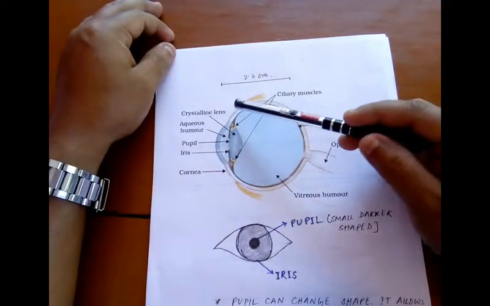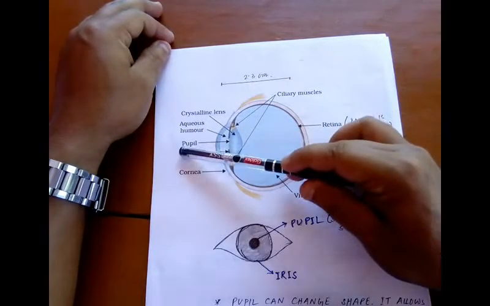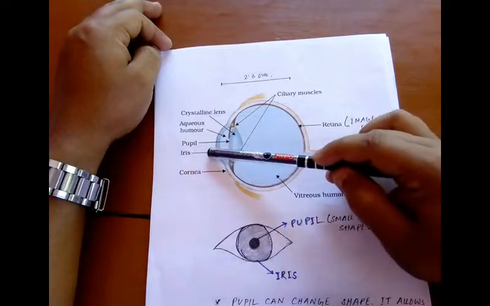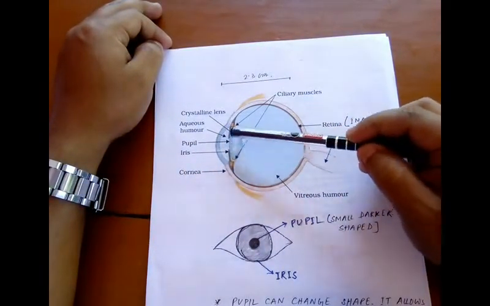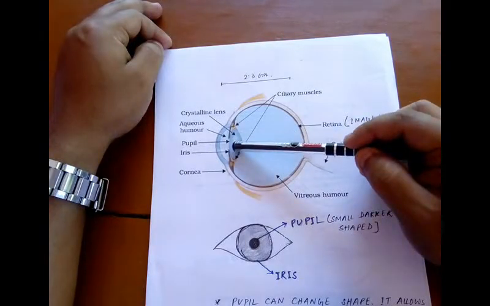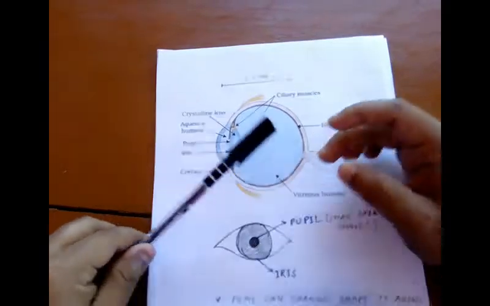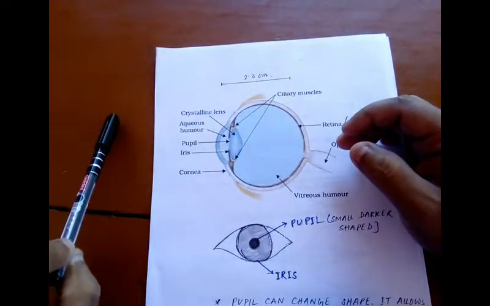First and foremost, let's start with the cornea. The cornea is a transparent membrane through which the light enters, and this light enters through the cornea and falls on the lens, and the lens provides a finer adjustment so that whatever light comes from an object, suppose you want to see an object, light from that object will enter the eye.